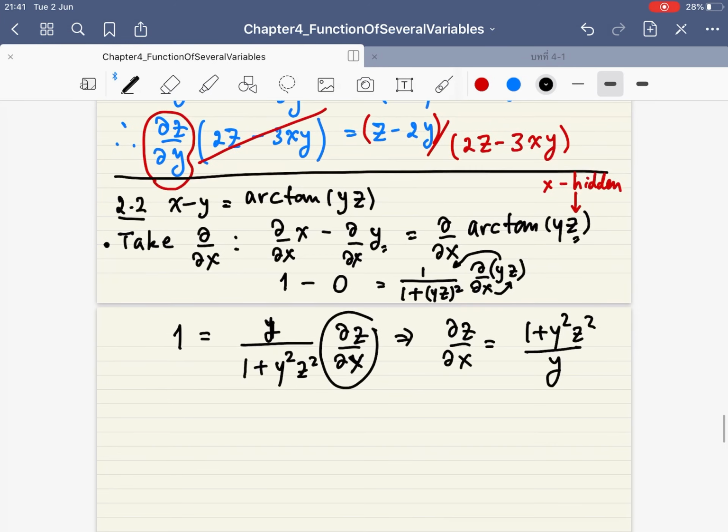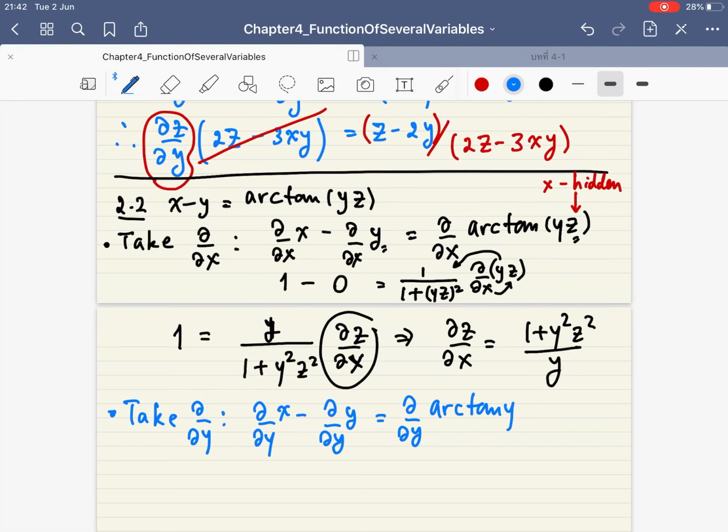Okay, so on the other hand, if you need the derivative with respect to y, you got d by dy of the first term x, d by dy of the second term which is y, and d by dy of the arctangent of yz.